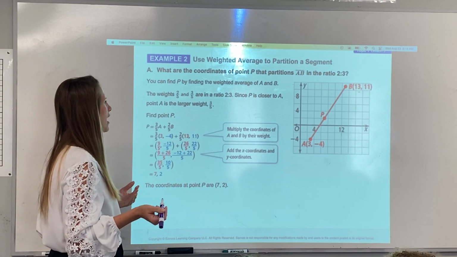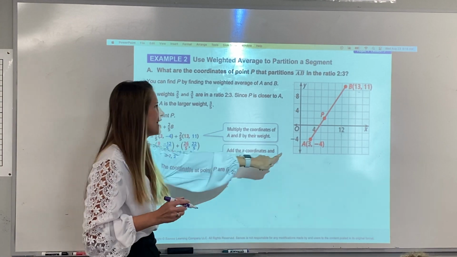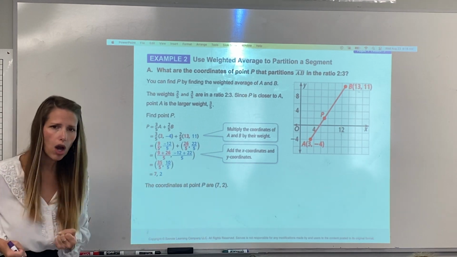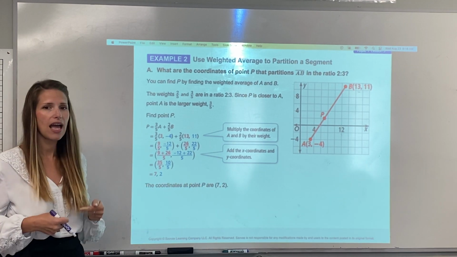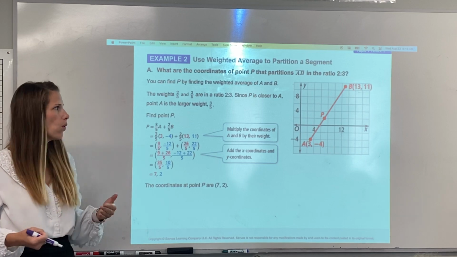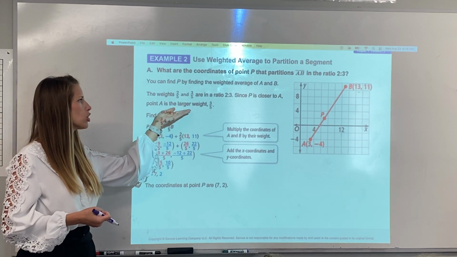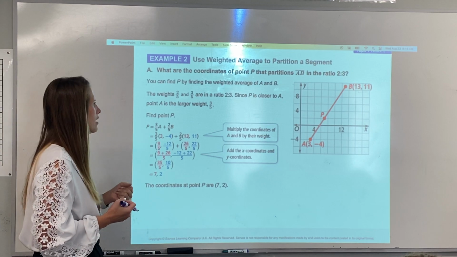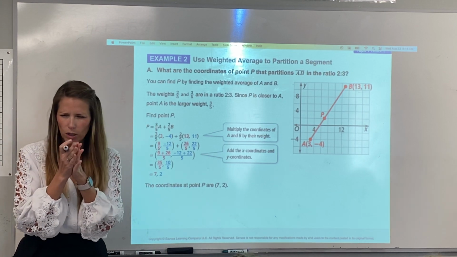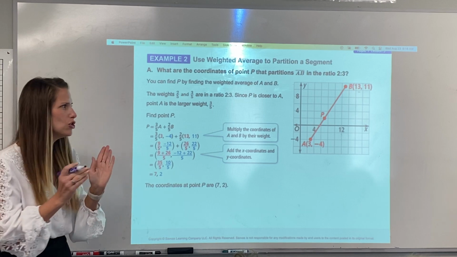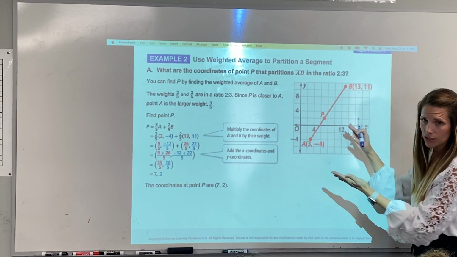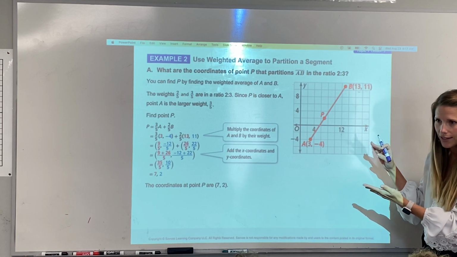Now, just like we said, Team A is winning. Team A is stronger. So it gets the heavier, or here they say the larger weight. I call it heavier weight, stronger weight, larger weight. So I don't want you to be confused by this. Notice that the distance between A and P is smaller, right?